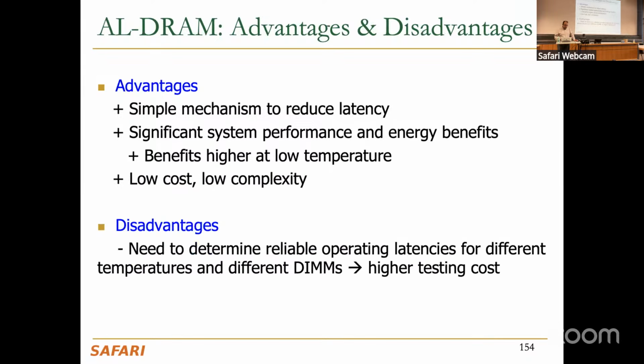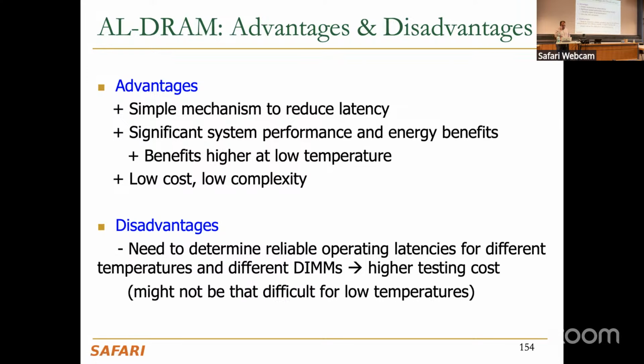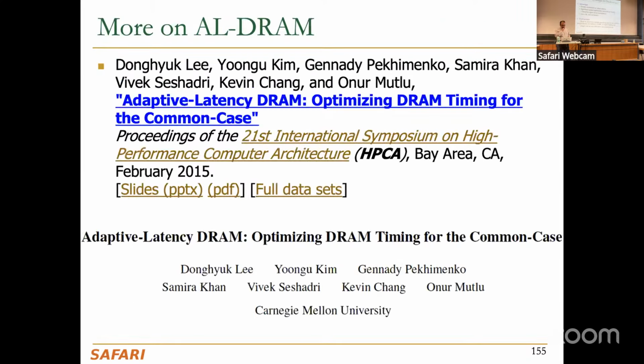But of course, it has some disadvantages. For example, you need to determine reliable operating latencies for different temperatures and different DIMMs. That's the profiling overhead that you have here, but this might not be that difficult for low temperature. There's more in this paper if you are interested, and it's also going to be one of the suggested papers in our homework.